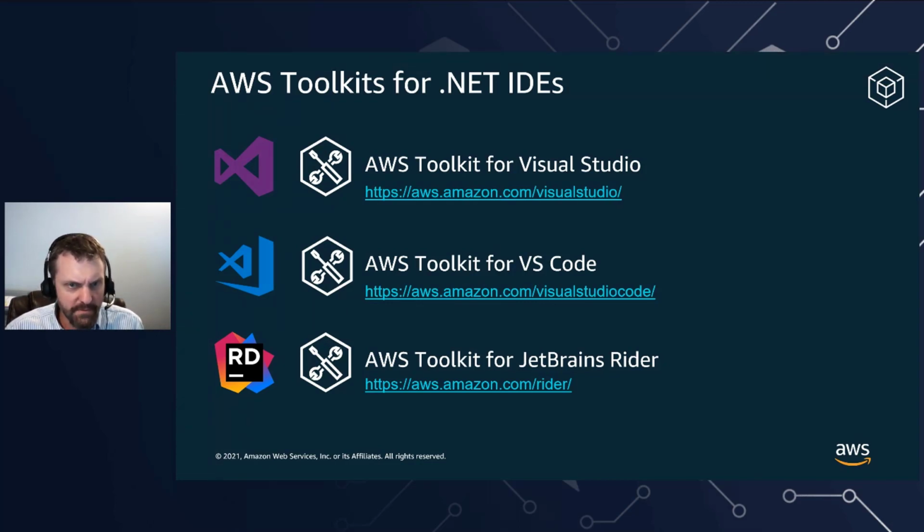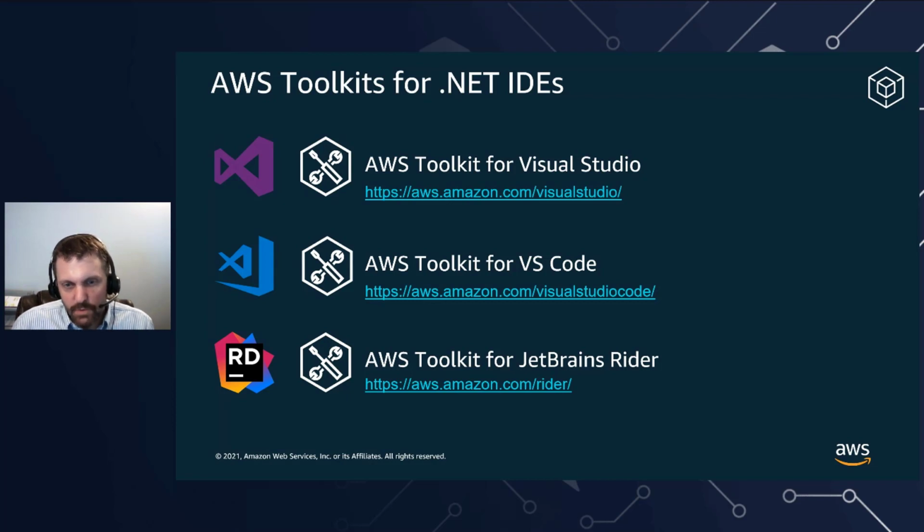Another tool that's very popular is Visual Studio Code, not only for .NET, but really for other languages. Additionally, we've seen a lot of uptake in VS Code for serverless development on AWS. The AWS Toolkit for Visual Studio Code has an AWS Explorer that's similar to what you'll see in Visual Studio, but really has been created with a serverless-first mentality.